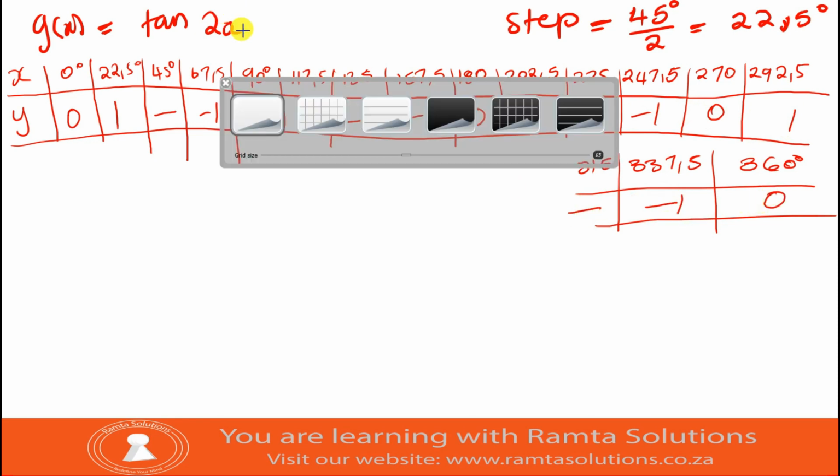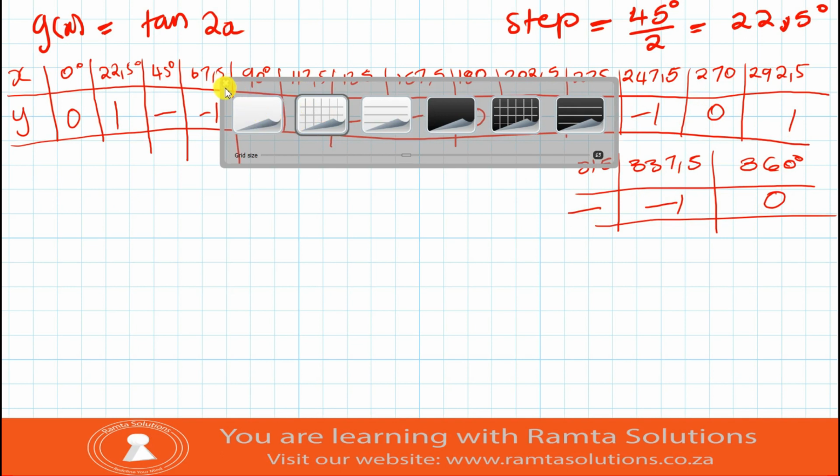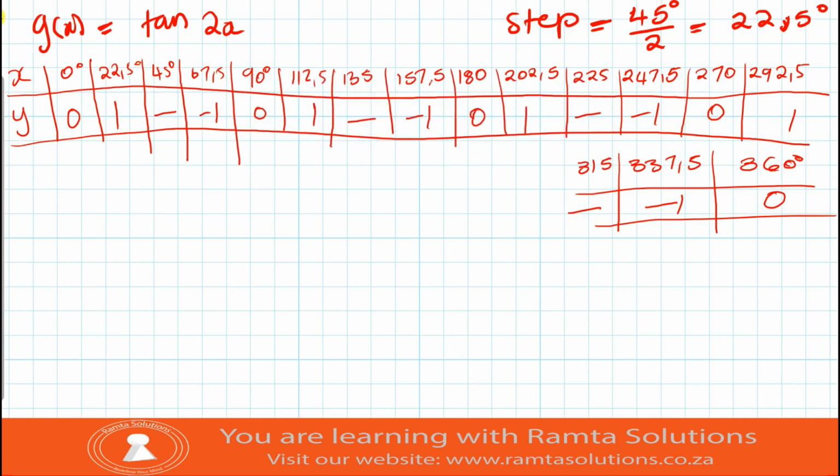Okay, so let's try to plot it. So we have 90, 180, 270, 360.